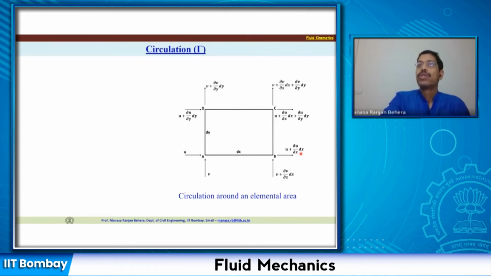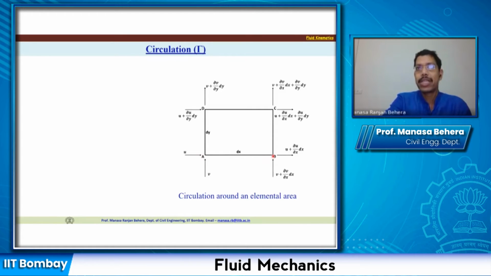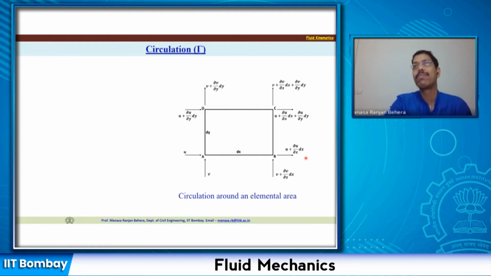Because the change has happened over a distance delta x, the change in the velocity is dou u by dou x, the velocity gradient in the x direction, over a distance delta x. So this is your new velocity.